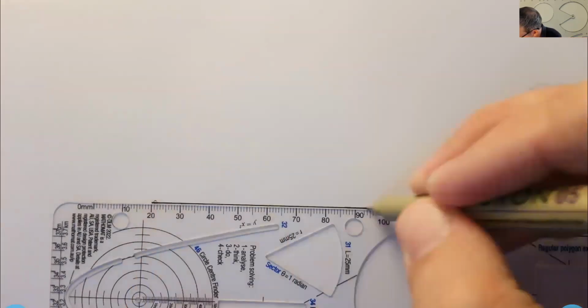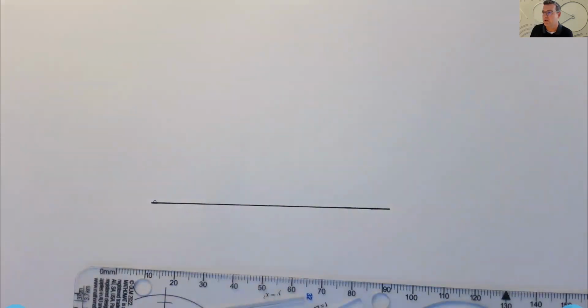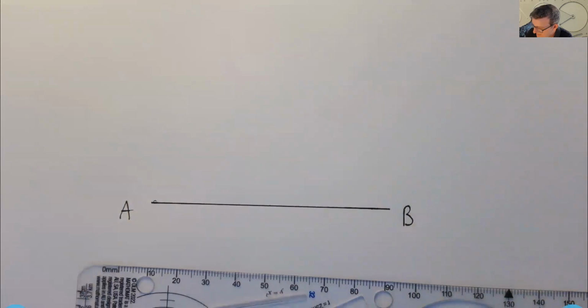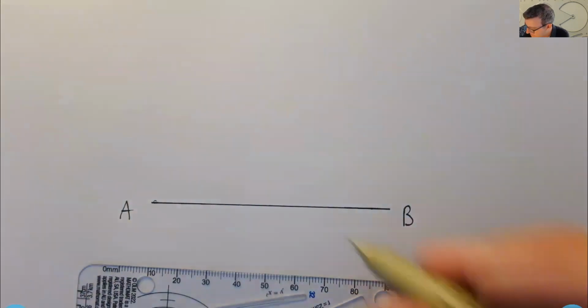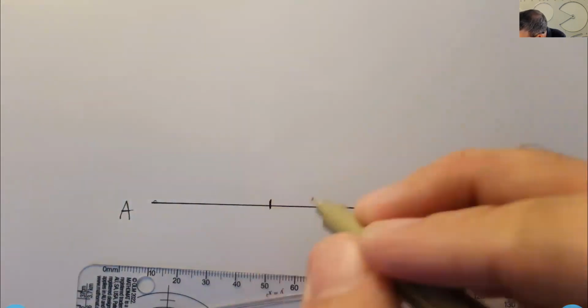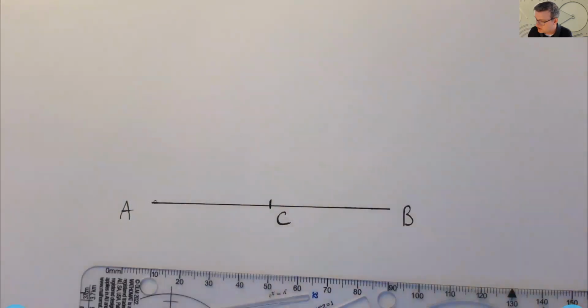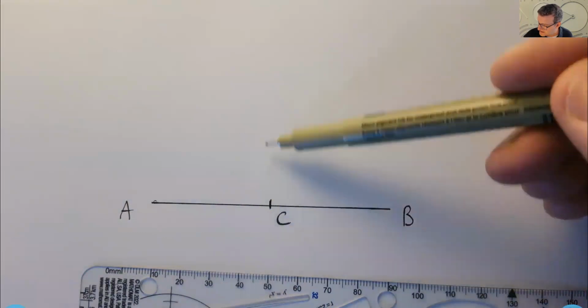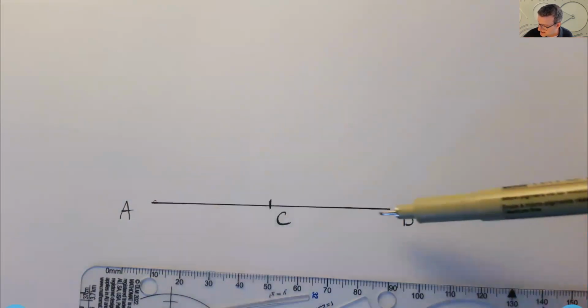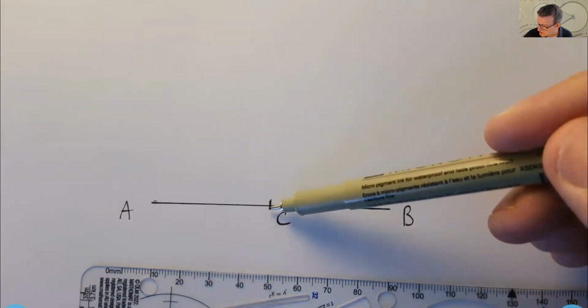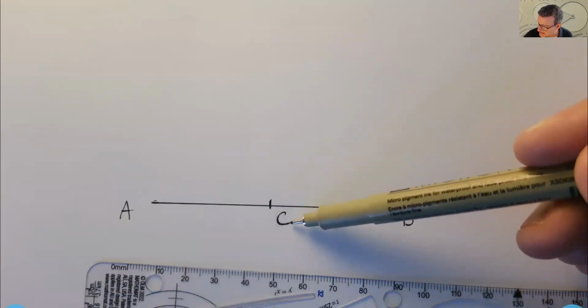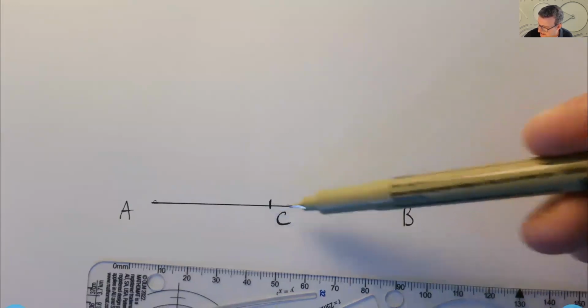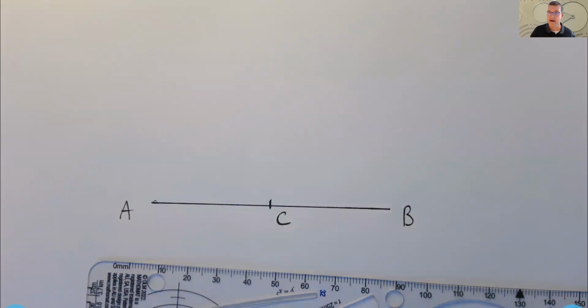Okay, so let's say here is our line segment, and I'll label the endpoints A and B. And what I would like to do is to construct a line that's perpendicular to AB and passes through the point C. Now, the point C in this construction is contained in the line AB.